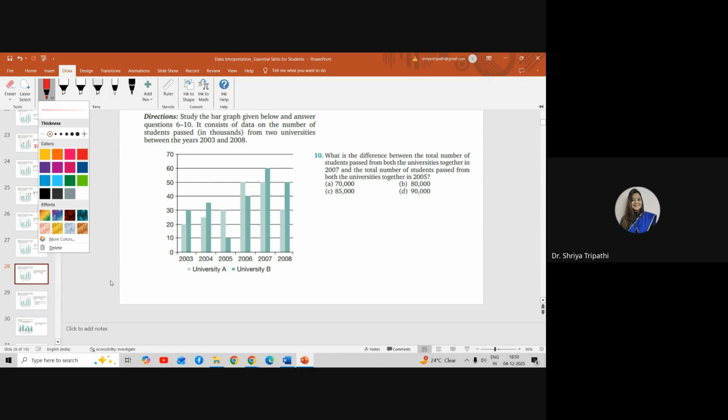So we'll take both these figure and the total number of students passed both the university in 2005. Quickly. It's easy. 70,000. Okay. Others?